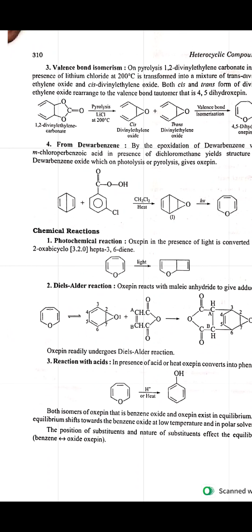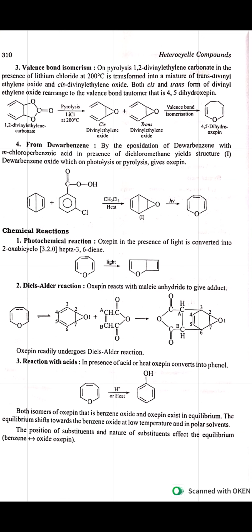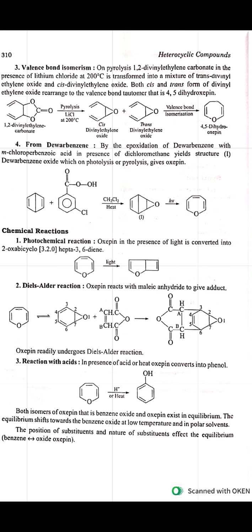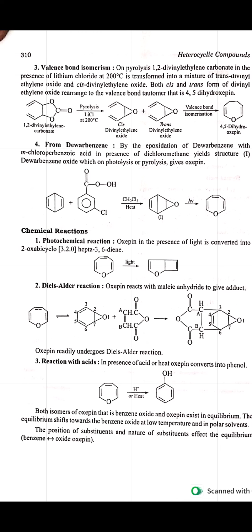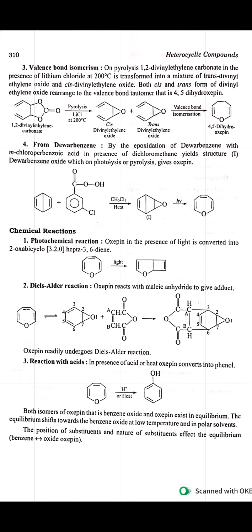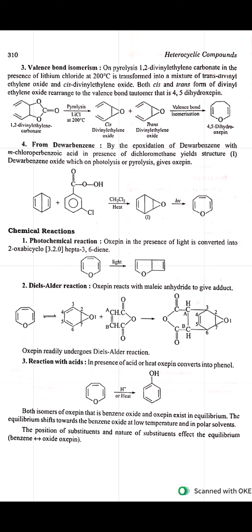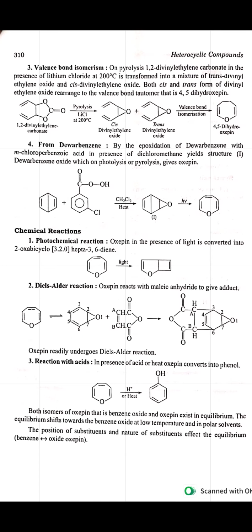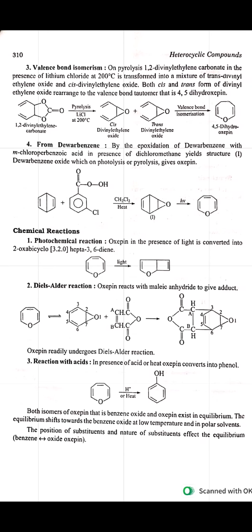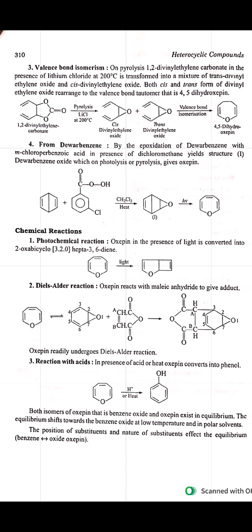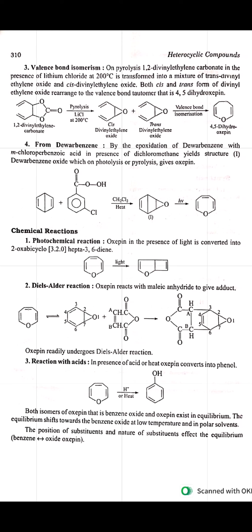Now from valence bond isomerization. On pyrolysis, 1,2-divinyl ethylene carbonate in the presence of lithium chloride at 200 degrees Celsius is transformed into a mixture of trans-divinyl ethylene oxide and cis-divinyl ethylene oxide. Both the cis and trans forms of divinyl ethylene oxide rearrange to the valence bond tautomer, that is 4,5-dihydro oxepine.